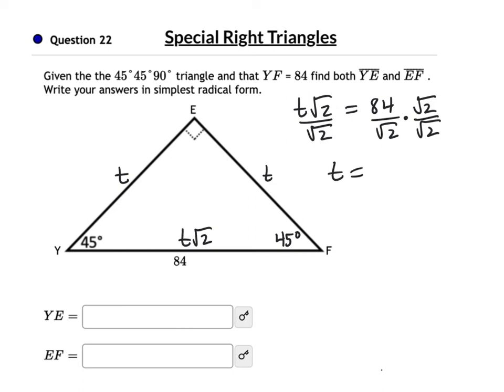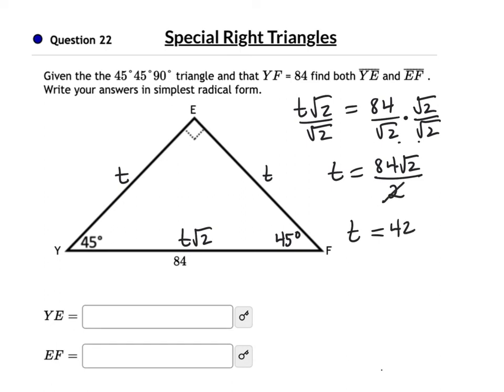So my t is 84 root 2 over root 2 times root 2 is root 4, but the square root of 4 will be 2. I'm skipping right to the 2. Now there's times here. That means I can cancel. 84 divided by 2 is 42.